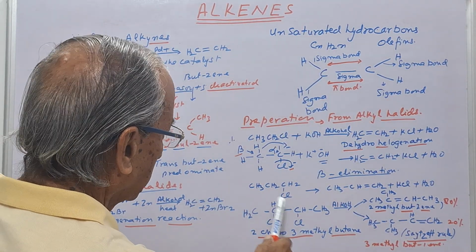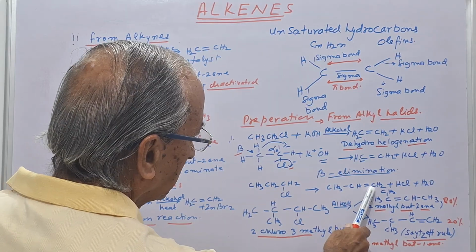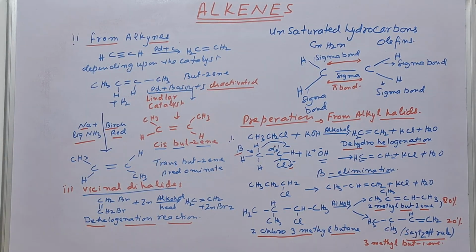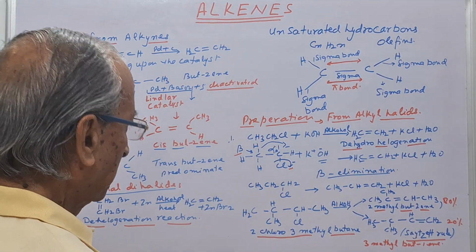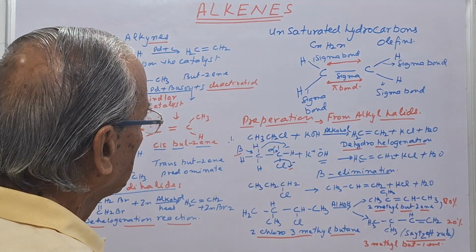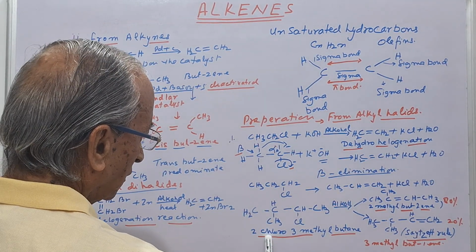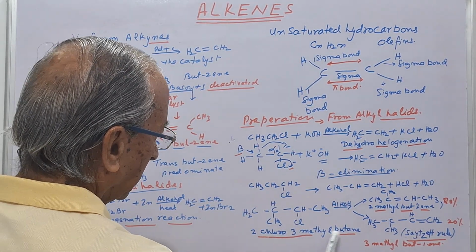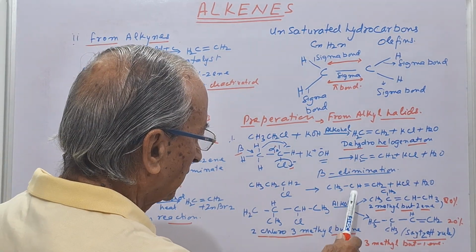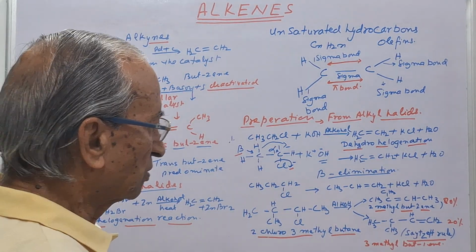Now, for example, if we take propyl chloride, it forms propylene, KCl, and water. Now, in the case of the higher alkyl halides, here we take 2-chloro 3-methyl butane. When it reacts with alcoholic KOH, it forms two isomers.